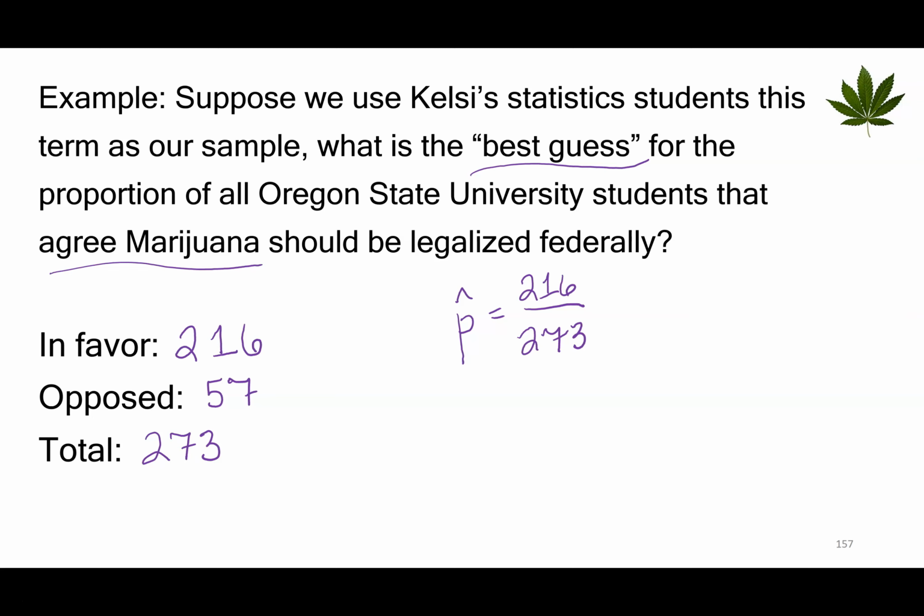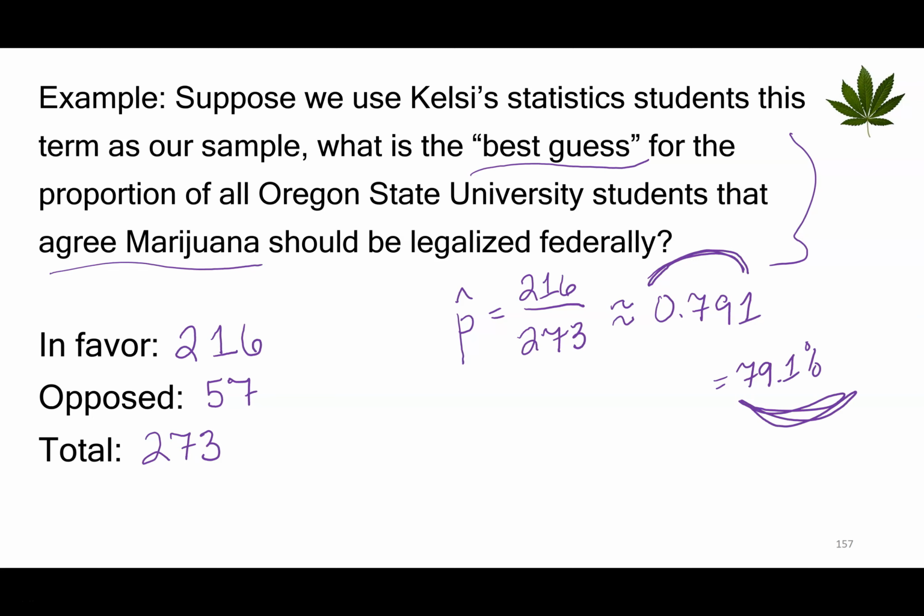It really just depends on the wording of this part of the question. So this ends up being around 0.791, so that's 79.1%. The top one is the proportion, the bottom one is the percentage. Either way you use it, we're okay, except if you use percentage, it needs a percent sign.